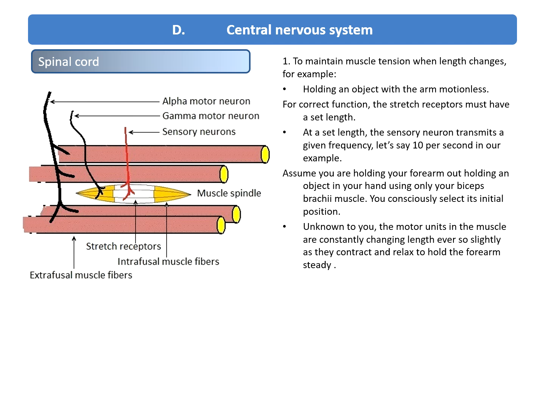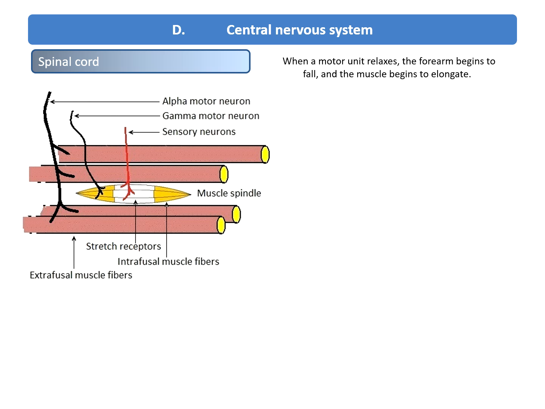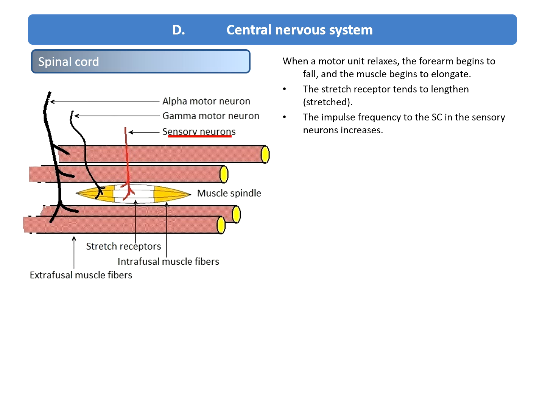Unknown to you, the motor units in the muscle are constantly changing length ever so slightly as they contract and relax to hold the arm steady. When a motor unit relaxes, the forearm begins to fall and the muscle begins to elongate. At the same time, the stretch receptor tends to lengthen.